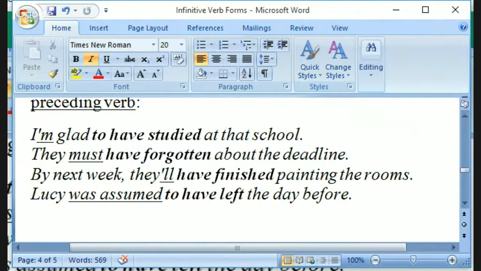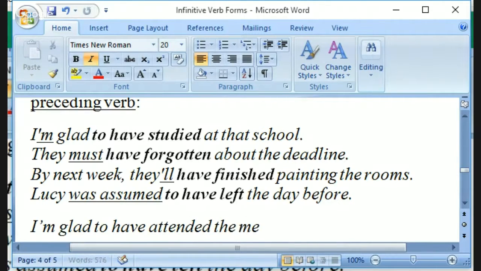Perfect infinitives? Perfect infinitive. I'm glad to have attended the meeting.